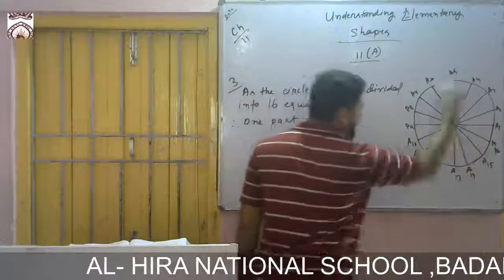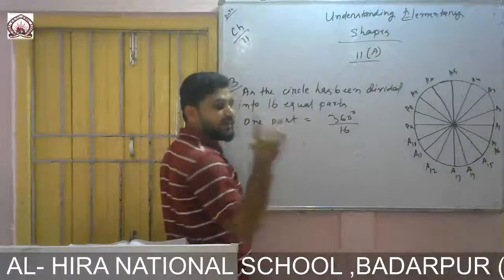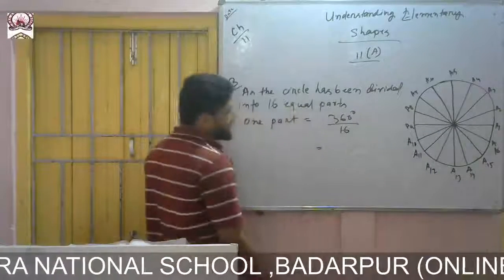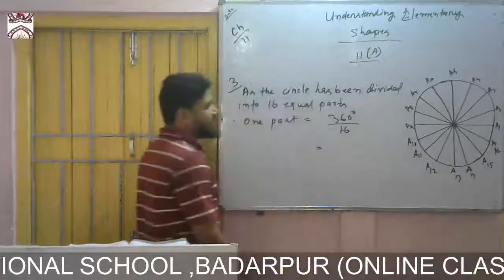If I divide the total 360 by the total parts, I will get the measure of one part. So 360 divided by 16, what will it be?